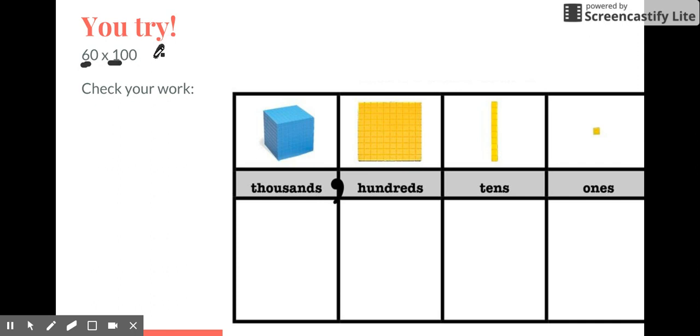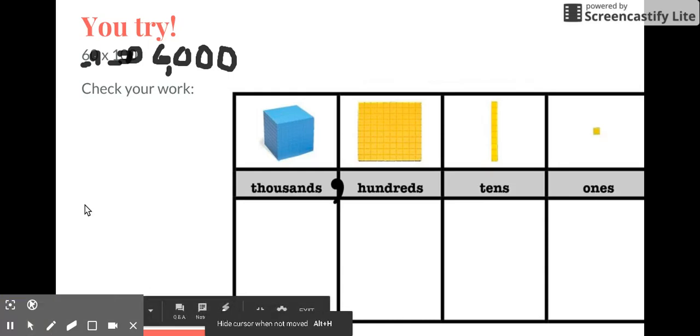And I know that 6 times 1 is 6. And I have 2 zeros in my problem, so I need to add 2 zeros to my answer. So that means that 60 times 100 is 6,000.